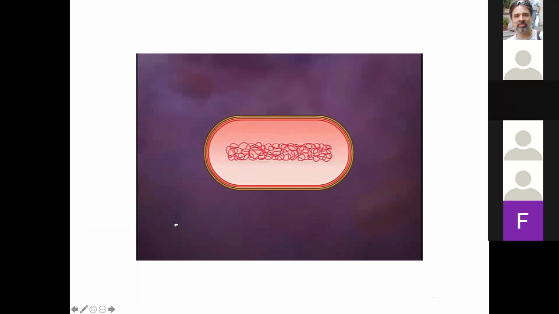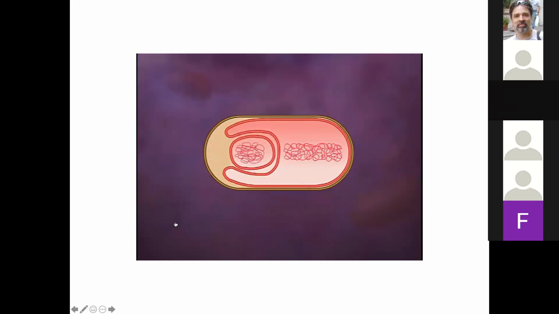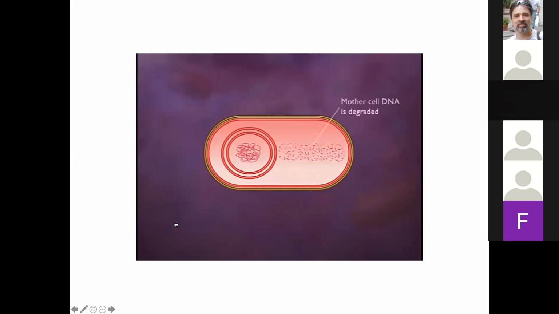The vegetative cell is now referred to as the mother cell. Next, the DNA divides into two complete copies, and the mother cell membrane invaginates to form the developing forespore. The mother cell membrane continues to grow and engulfs the developing spore. The developing spore is now surrounded by two membrane layers.